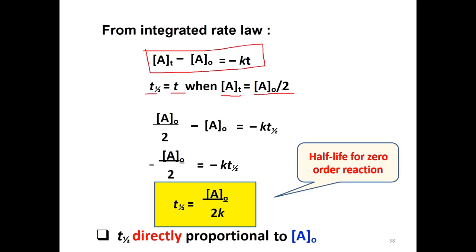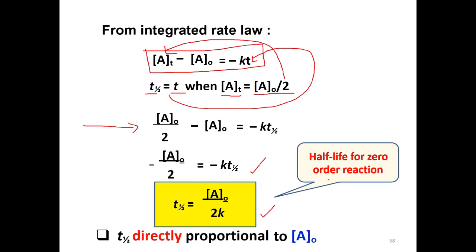Then you can substitute the A t here and also t here, so you will get this equation: concentration A naught over 2, minus the initial concentration A naught, equals negative k t half. Then finally you get your t half life for zero order reaction.